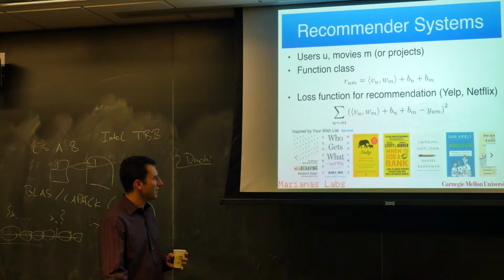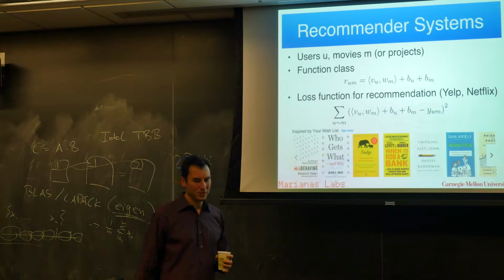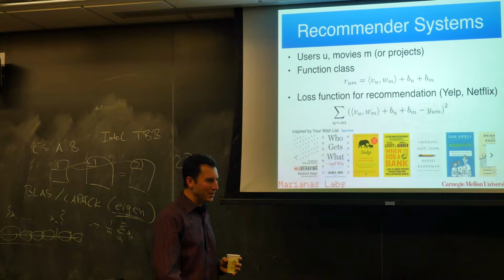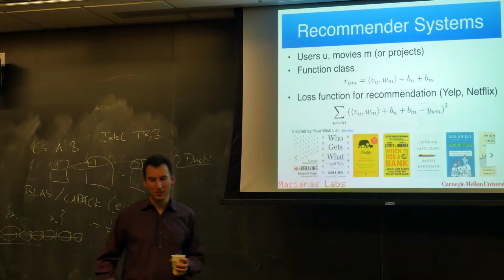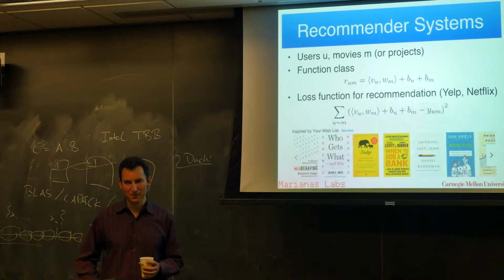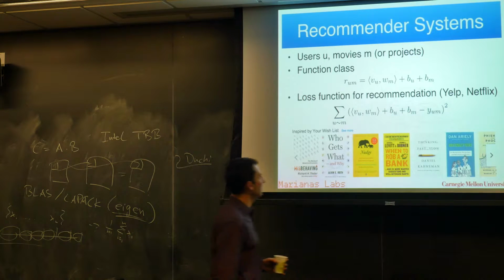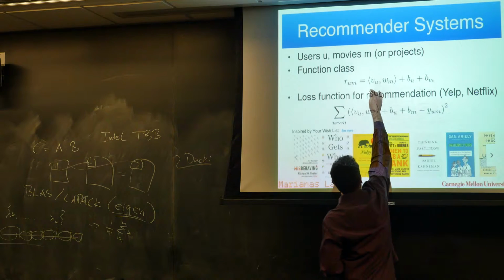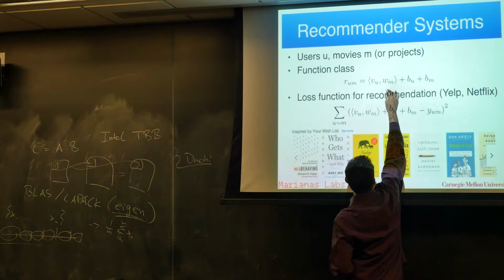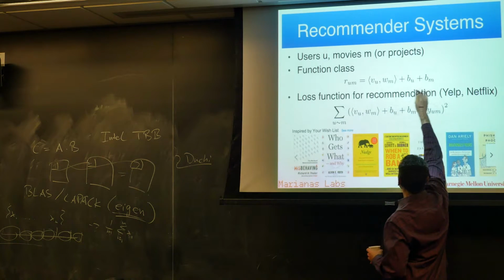So I guess everybody's heard of recommender systems, right? This is basically if you use Netflix, if you use Amazon or whatever, the idea is basically, based on your past preferences and based on everybody else's preferences, what else would you recommend? A very simple model might be one where you have a profile vector. Let's say the movie has a profile vector, and then you have biases.